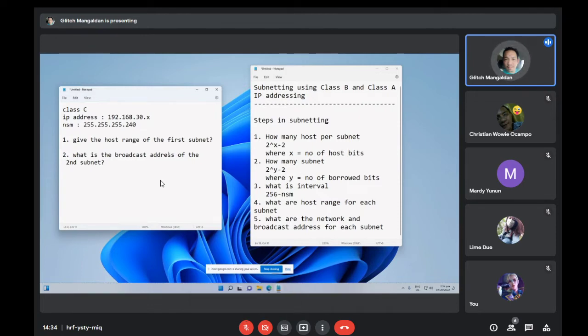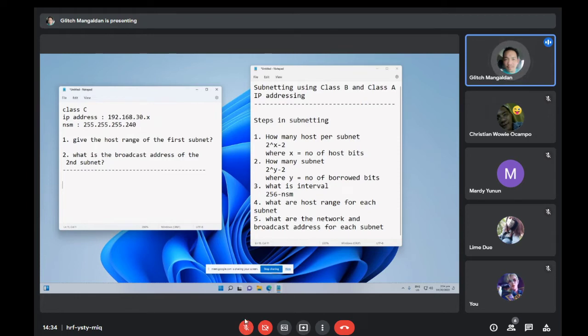Okay, so let's go back and answer this. These are our questions, 1 to 5. Of course, you need to get the answer for these two questions based on these steps. Okay, any idea from the group?